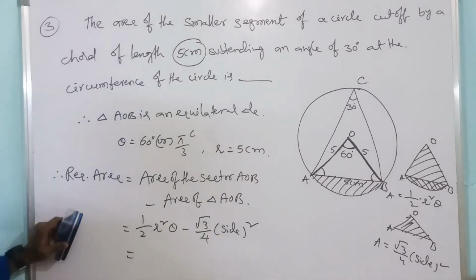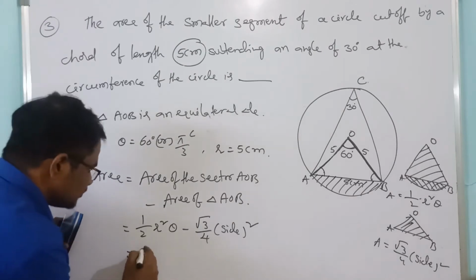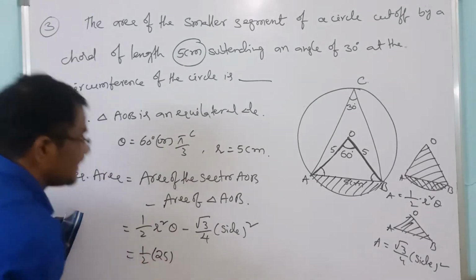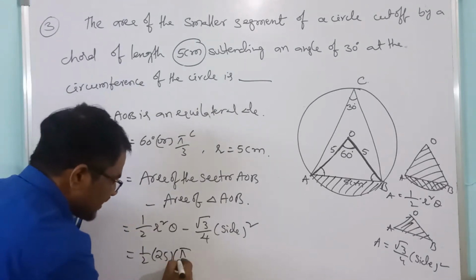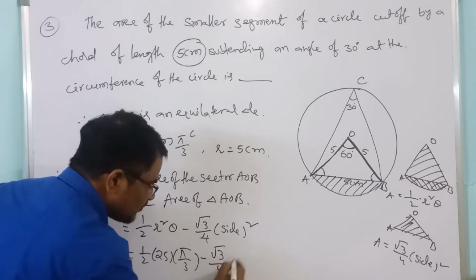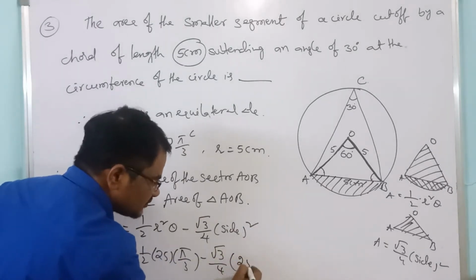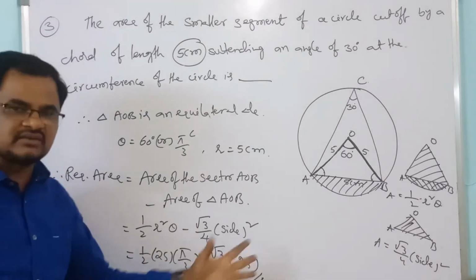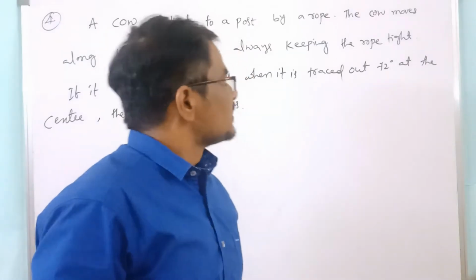That equals 1 by 2 r square, r is 5, square 25, theta is pi by 3, minus root 3 by 4 into side 5, square 25. This is our final answer. If you want, you can take 25 common and write the remaining as our answer.